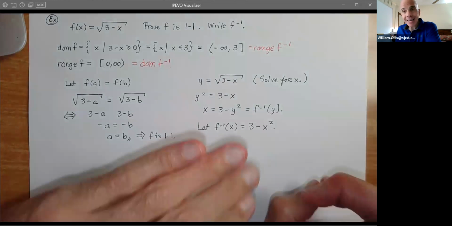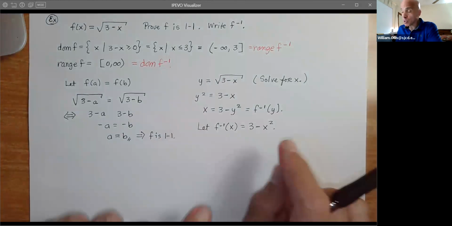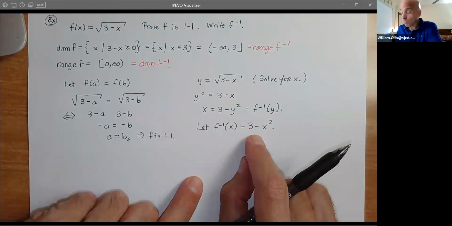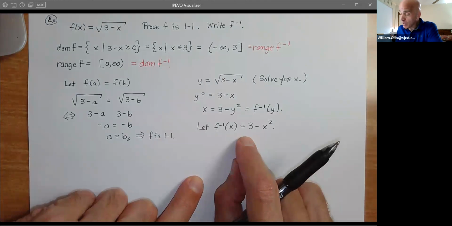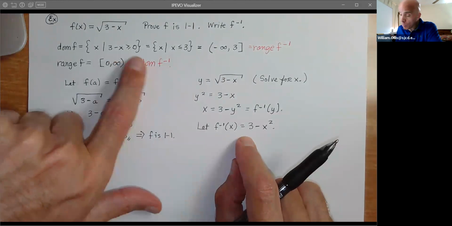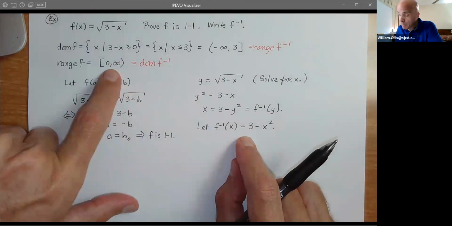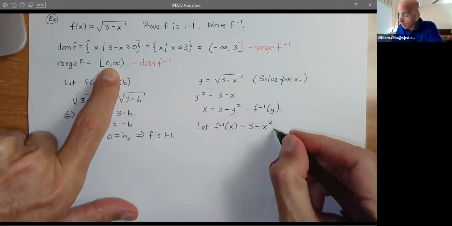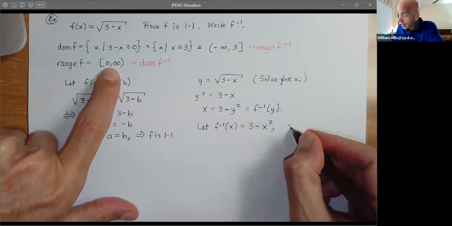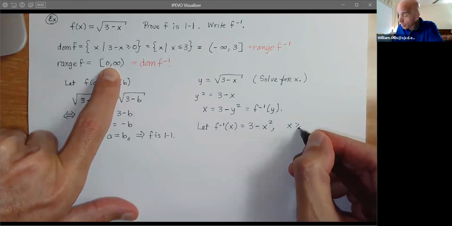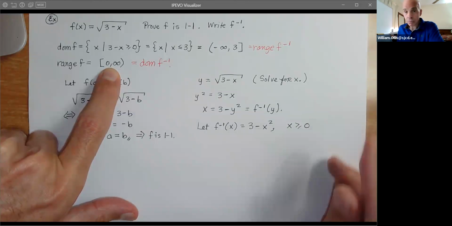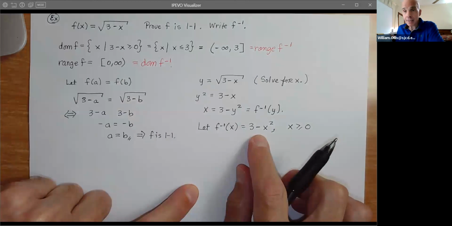So if we need to analyze the reverse path, say we just started with this and that was our initial function. And now if we look up here, the domain of f inverse right here says now that x must be greater than or equal to 0. So that's restricting this.